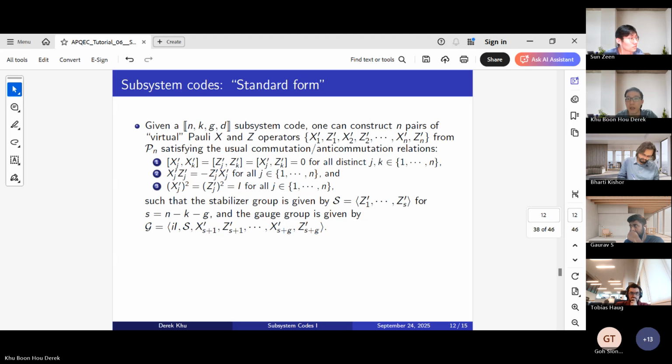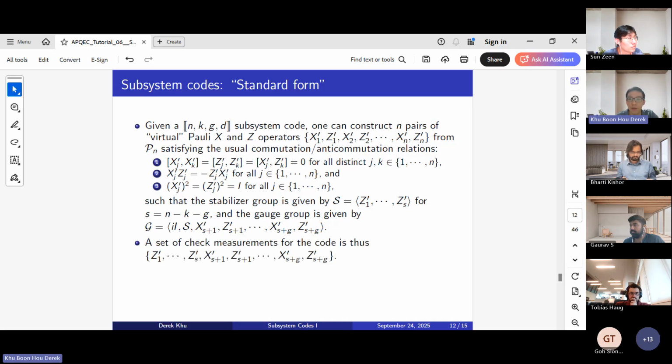Okay. This is a canonical form in a way, which you could get to by a unitary change of basis. And then when we do the check measurements, you want to measure all of these guys: these S operators and these 2g operators.